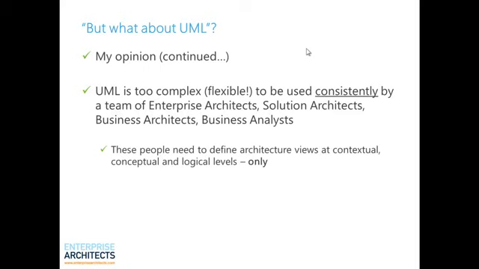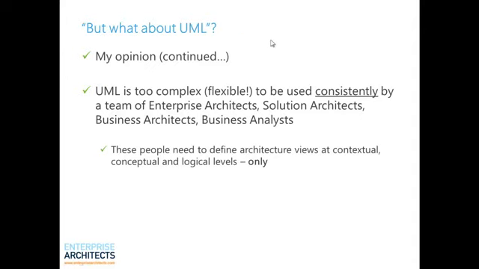So enterprise architects, solution architects, all we need to do is to create architecture views at the contextual, conceptual, and logical levels only. Enterprise architects and solution architects really shouldn't be defining a build spec. So, in summary, what is Archimate? This is what we've talked about. Why do I think it's important to the architecture community?